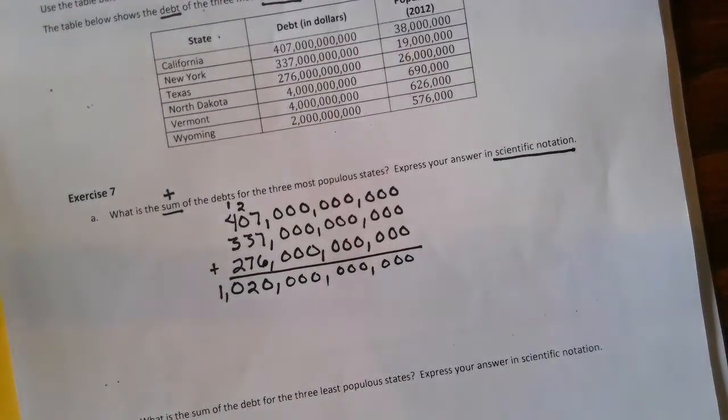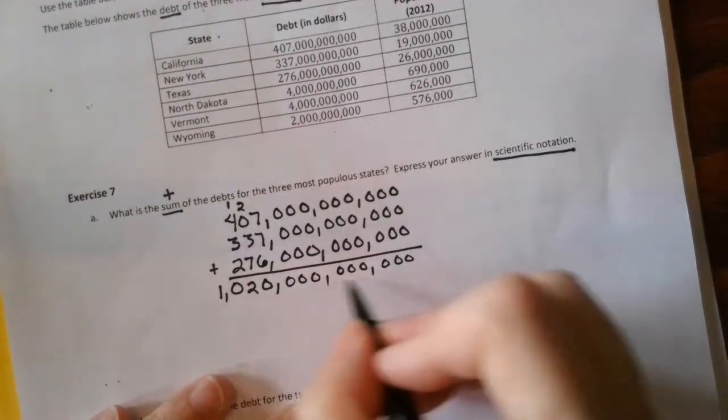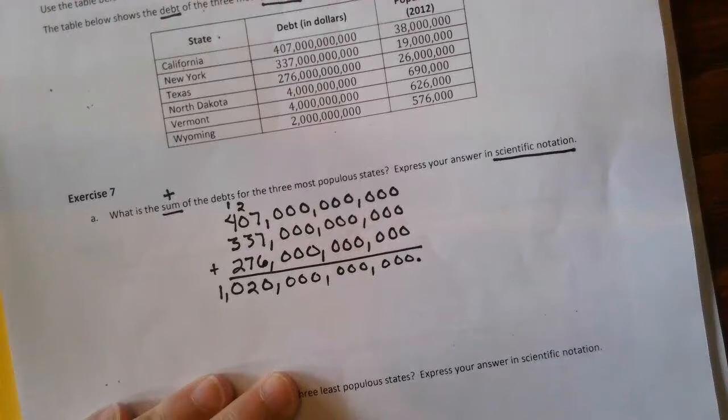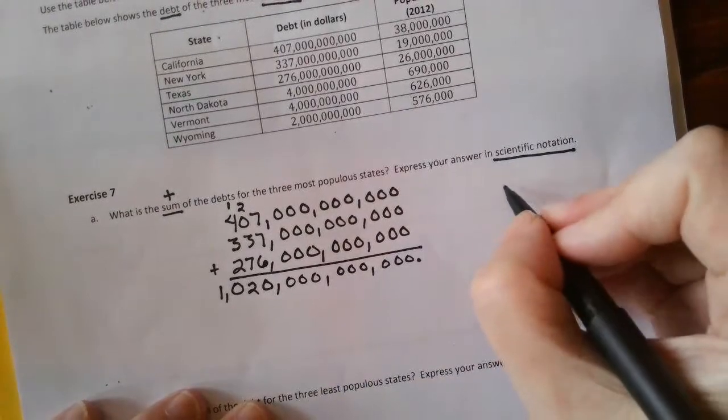But it wants me to express my answer in scientific notation. Here's how you do that. Anytime you are working with a number like this that does not have a decimal in it, the invisible decimal is over here to the right. So step 1 of writing numbers in scientific notation.